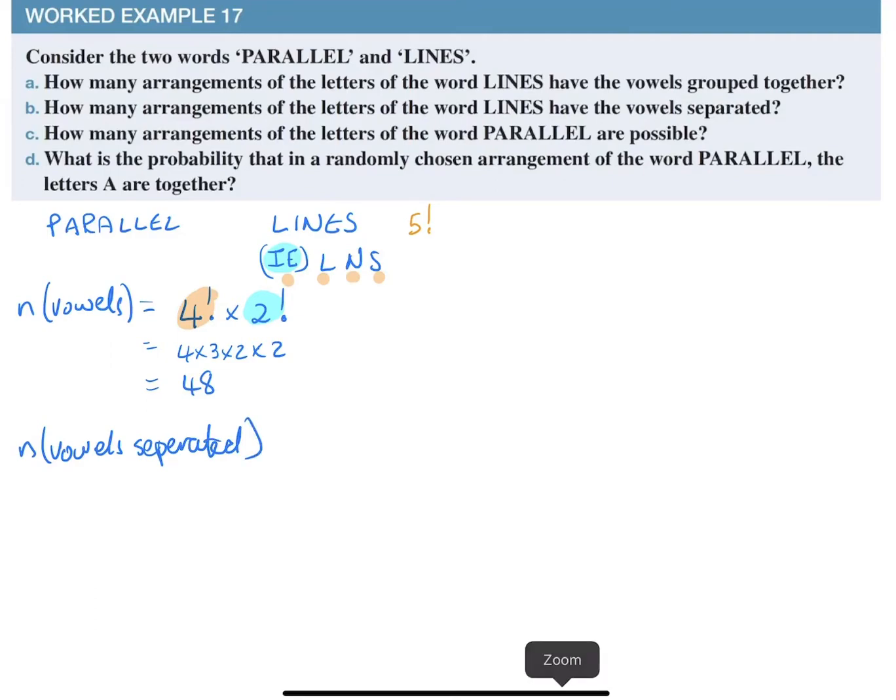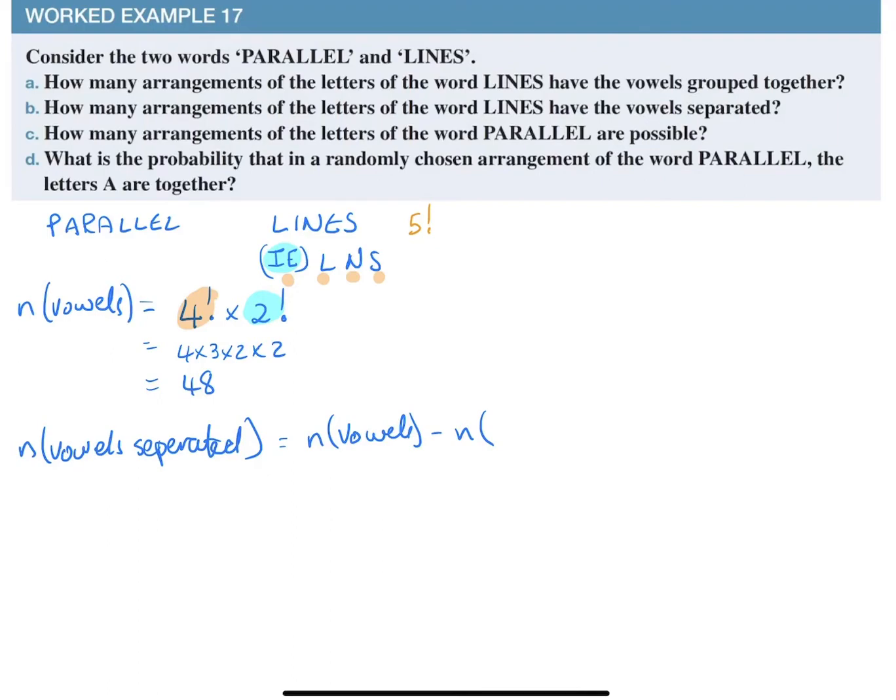If I want to separate the vowels, it's a little bit harder because you can't group them together and you can't group them apart either. So what we'll have to do is say that the total number of arrangements with vowels separated will be the total number, take away the number of vowels together.